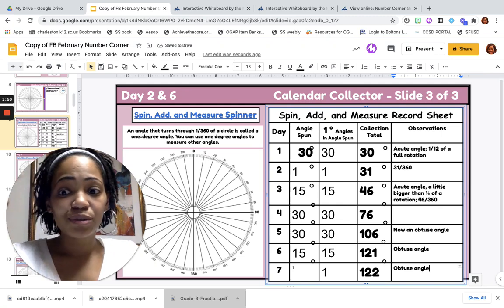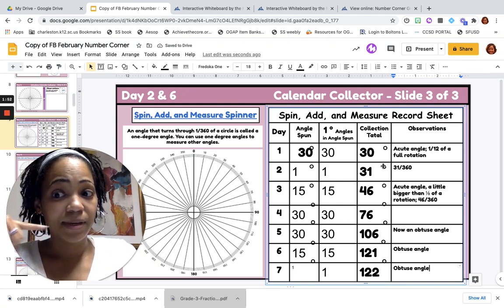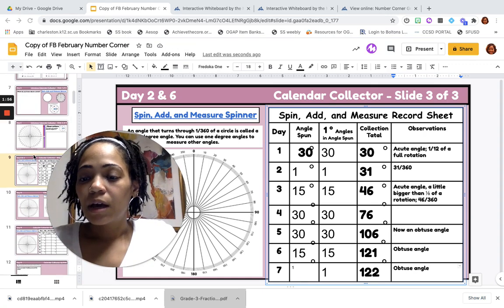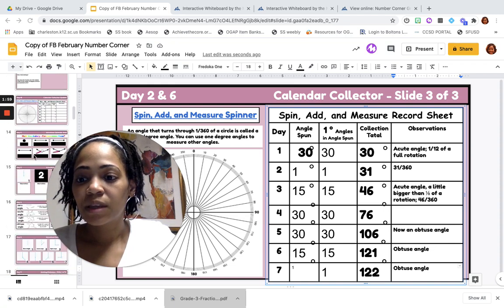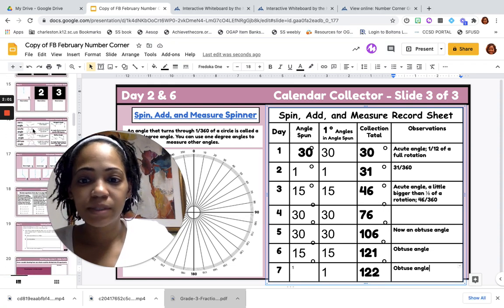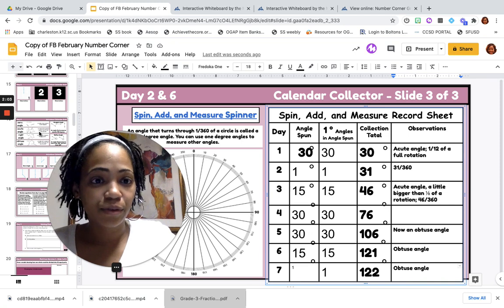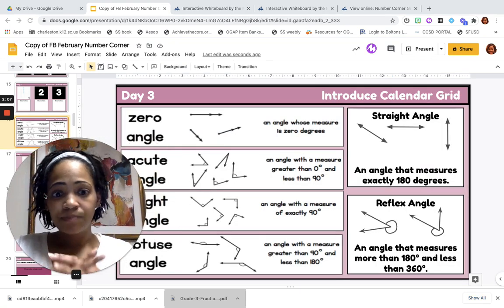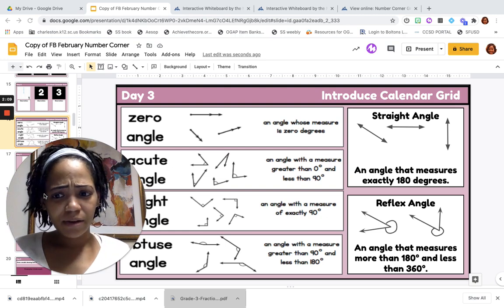But I want to introduce another vocabulary term for today because we may need it when we're talking about our calendar grid observations. So here are some vocabulary terms that we've learned so far or reviewed. We have the zero angle, which means there is no angle at all.